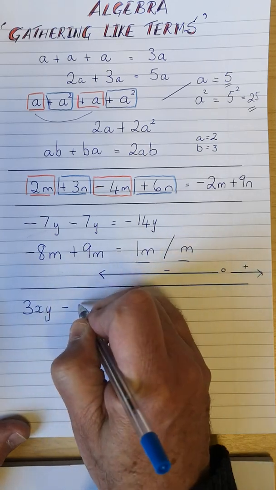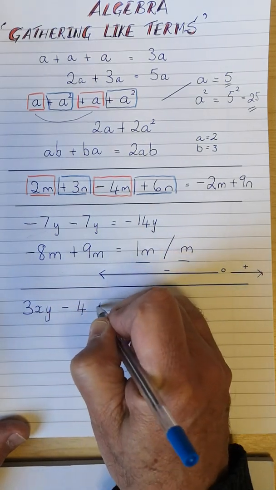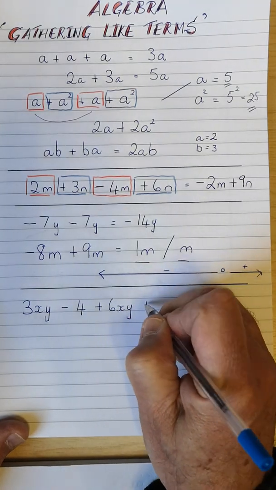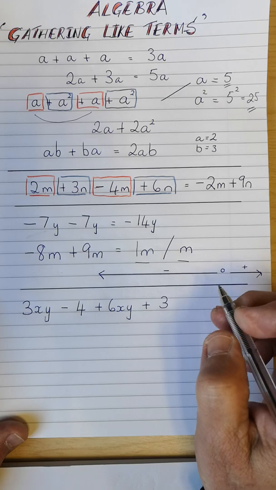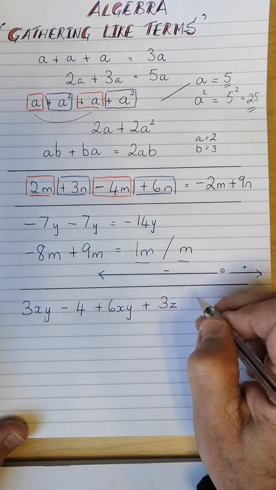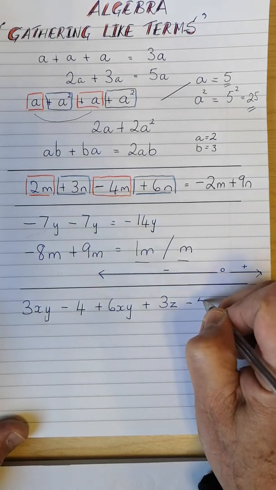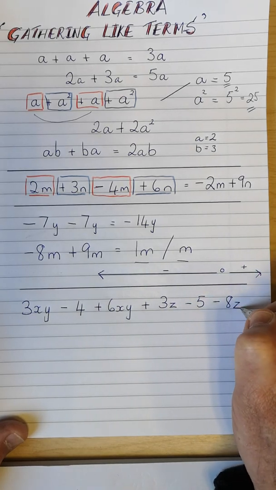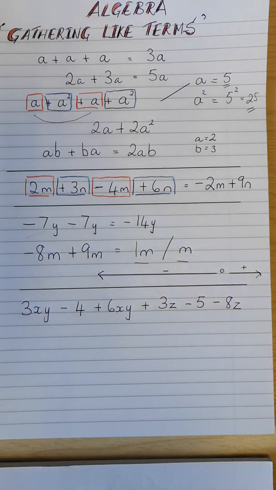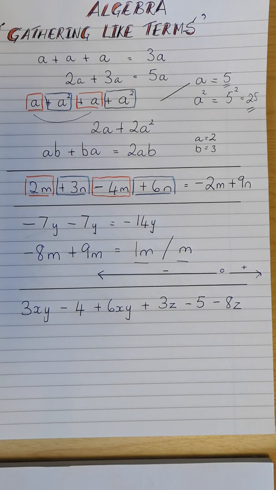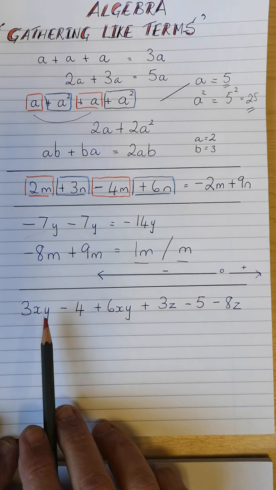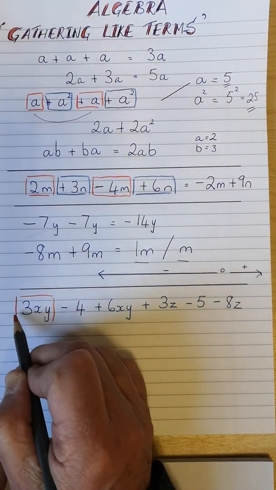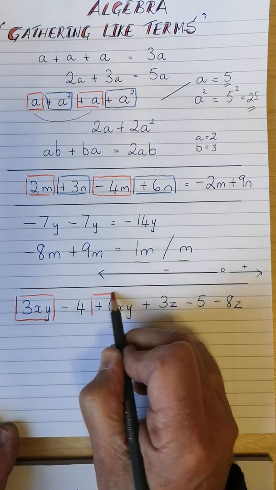3xy minus 4 plus 6xy plus 3z, minus 5, and then minus 8z. Now there's quite a lot going on here, so we need to have our wits about us. So let's look. We've got an xy there, an xy there, so let's put a bit of color around them. Don't forget to take the sign as well.